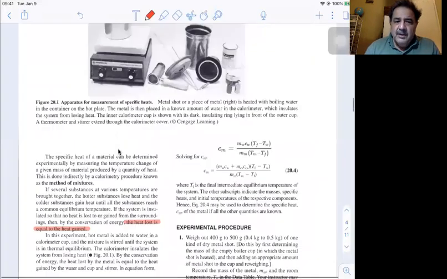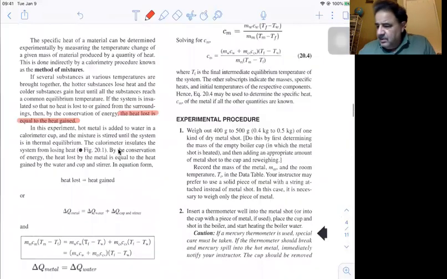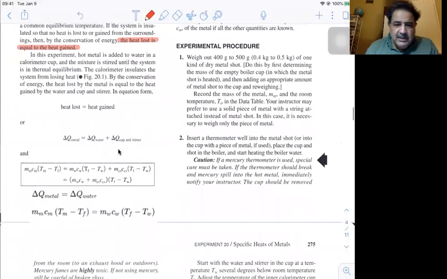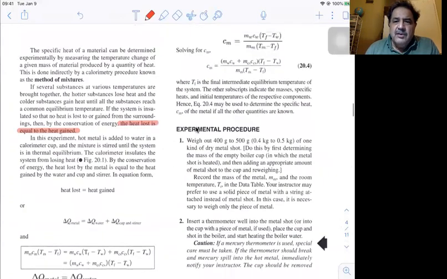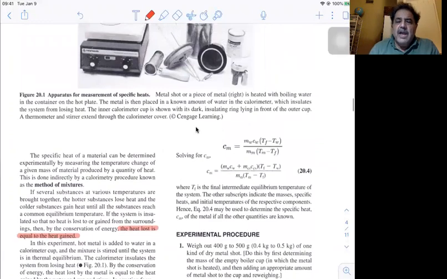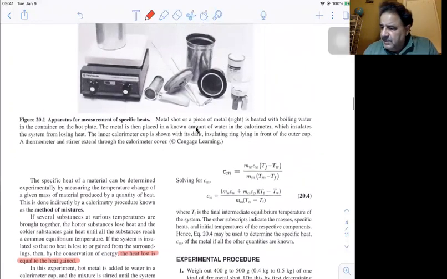If you solve it using this equation that's in the box, that includes the cup and stir, then you get this equation, 20.4. Our 20.4 is a little bit different.